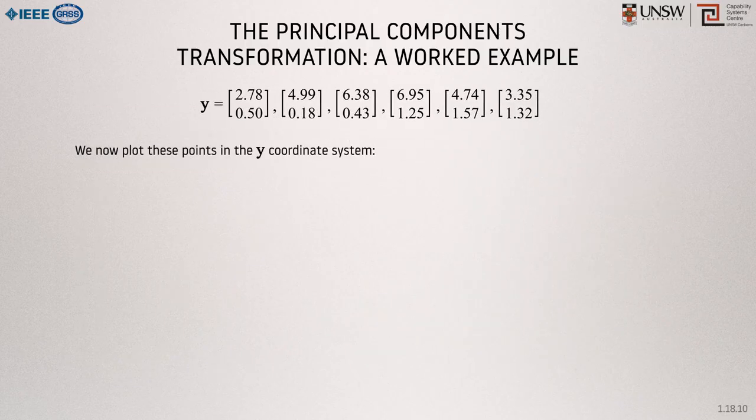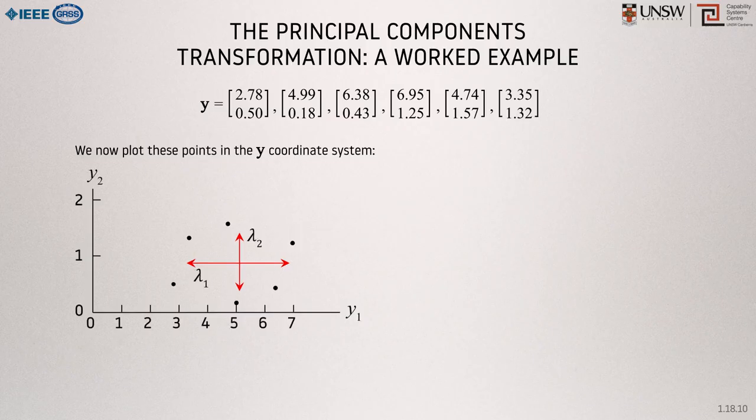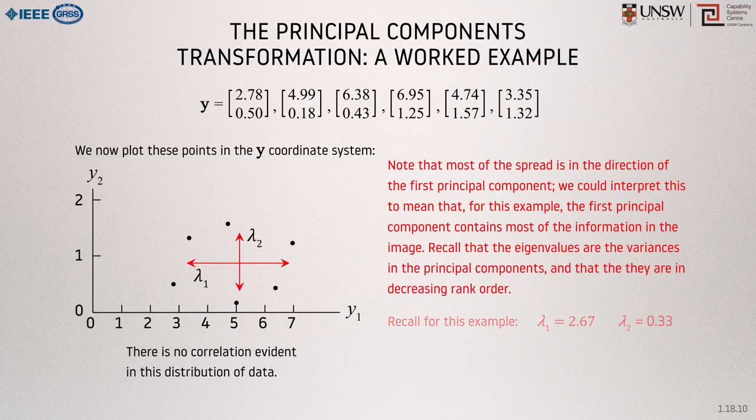Here we see the data plotted in the new principal components coordinates. Even visually, we can assess that the data shows no obvious correlation. Its maximum spread, variance, is in the first principal direction, and the second largest spread is along the second principal axis.